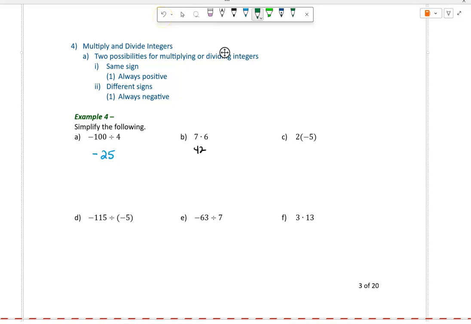Two times negative 5, so that's going to give me a negative because opposite signs. 2 times 5 is 10. How about D, positive or negative? Positive. How about E, positive or negative?